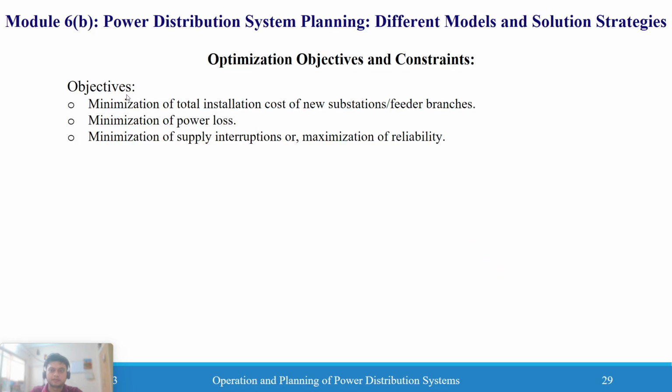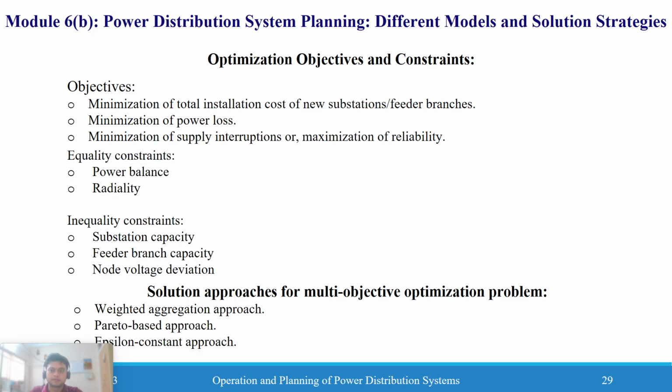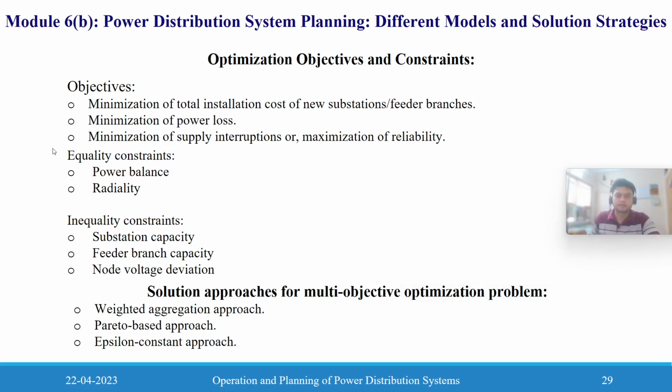There are various optimization objectives and constraints for formulation of objective functions. These objectives can be minimizing the total installation cost of new substations and branches. Please look into this.